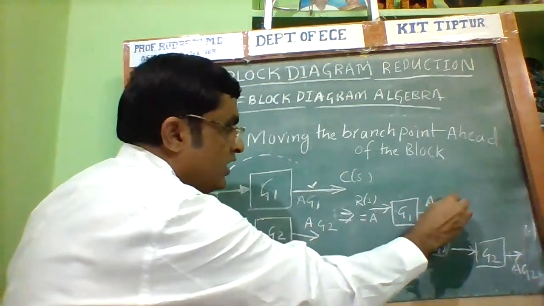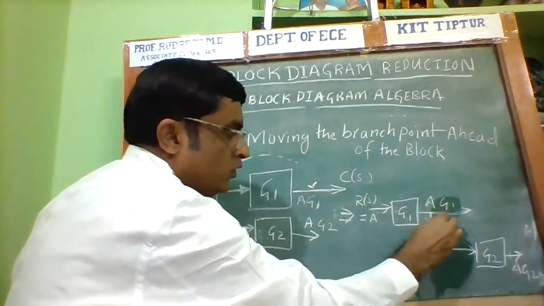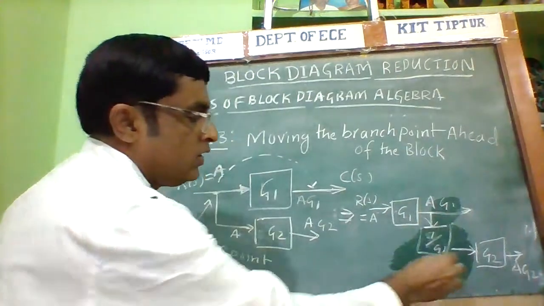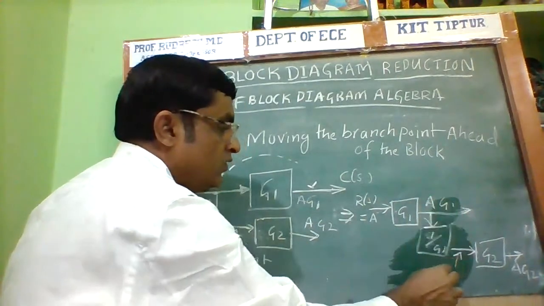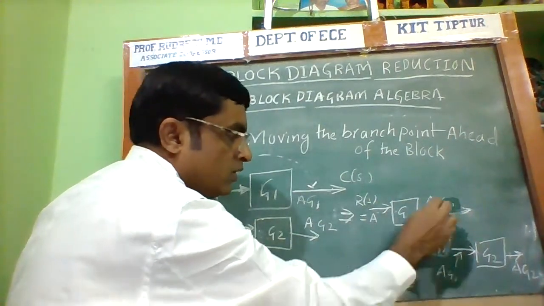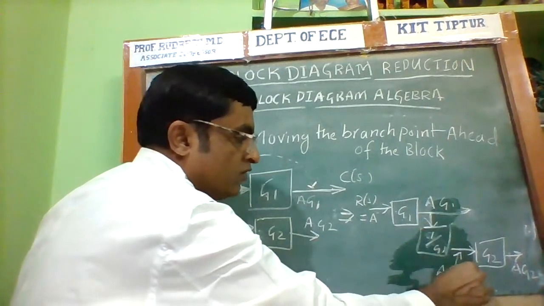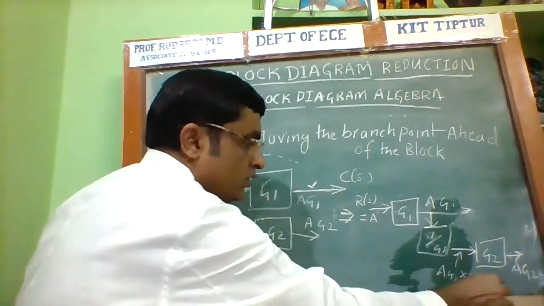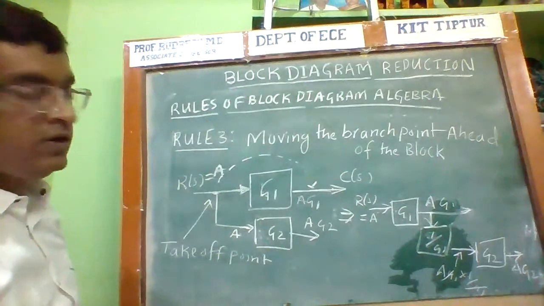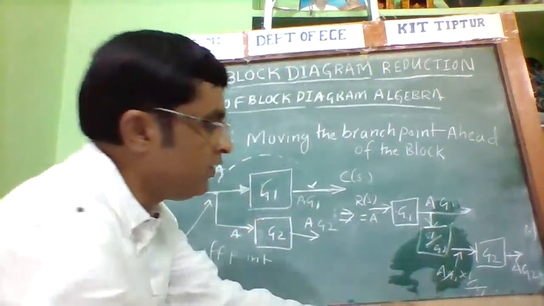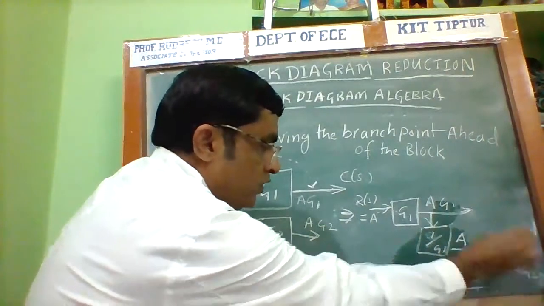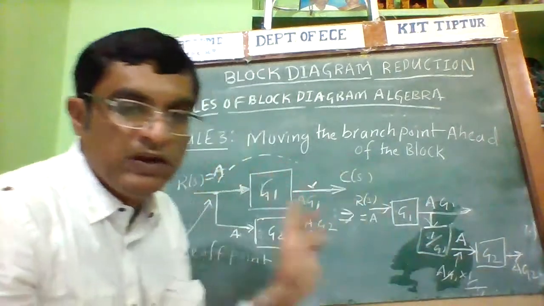Now this is A into G1. The input of this is A into G1. Then output here: A into G1 is the input, into the transfer function 1 over G1. This G1 and G1 get cancelled. Therefore, input is A. Therefore, you will get A into G2 itself.